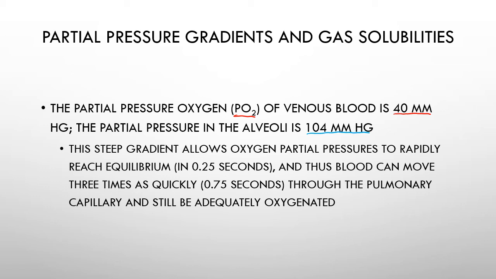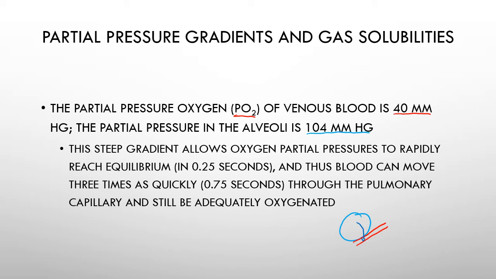So we have a pretty good gradient here, a pretty steep gradient between the pressures inside the alveolus and that which is inside the capillary running right next to it. And so this is going to allow us to move oxygen into the capillaries at a pretty swift rate.